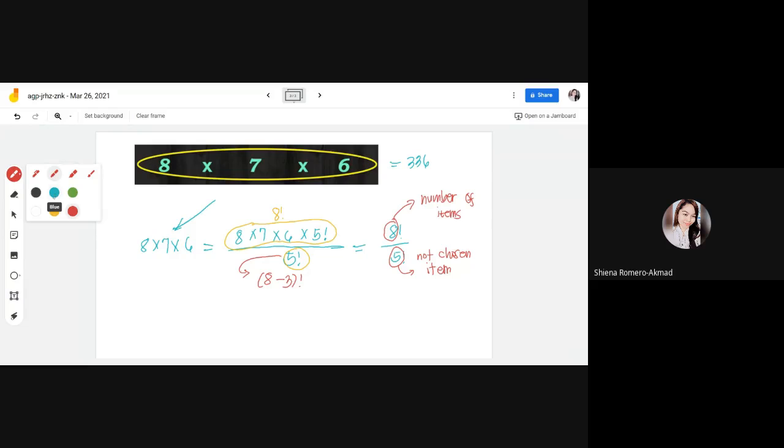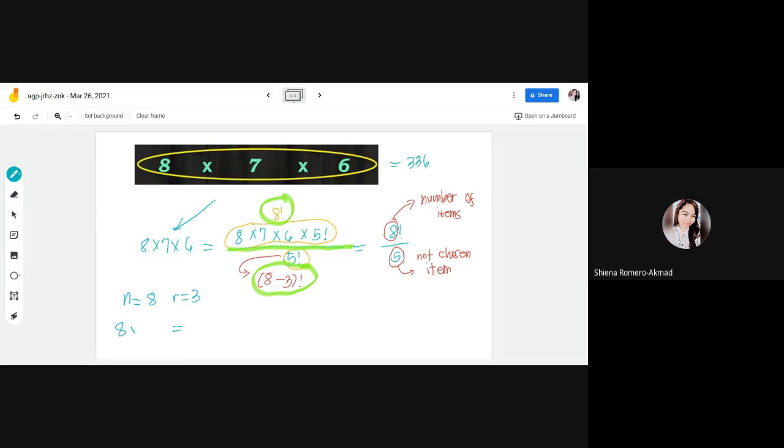And now, what if I am going to represent 8 as n, at yung napili natin ay yung r, which is 3. So, looking at our equation here, we have 8 factorial divided by 8 minus 3 factorial. Okay? So, that's permutation is equal to yung 8 times 7 times 6.